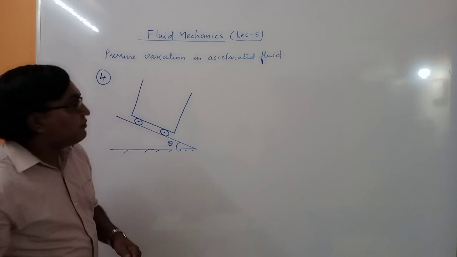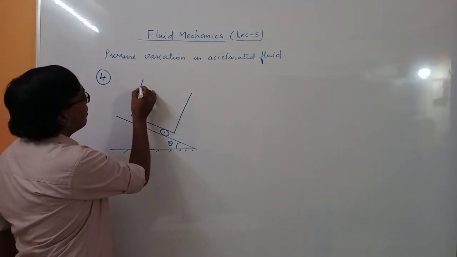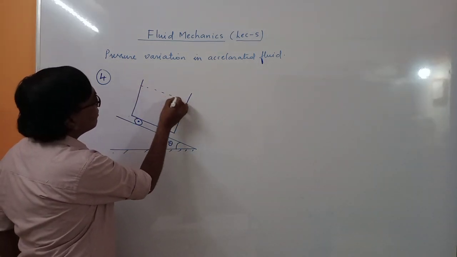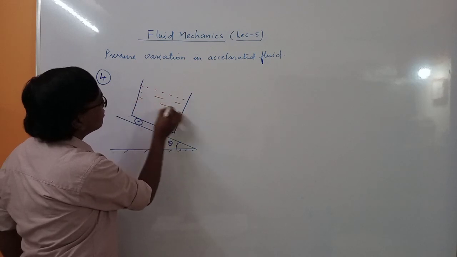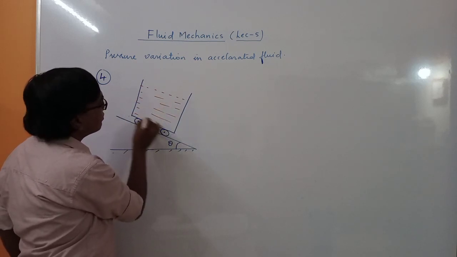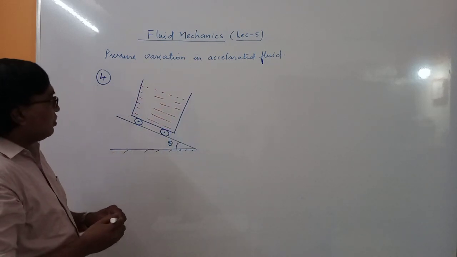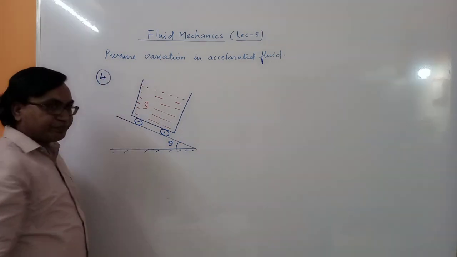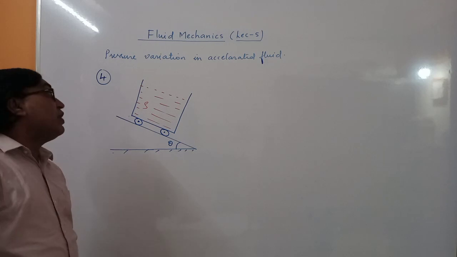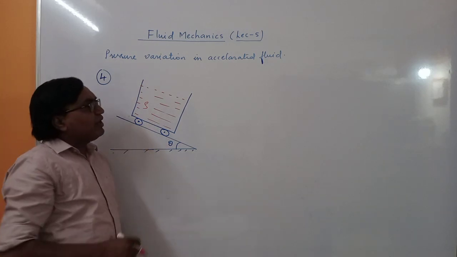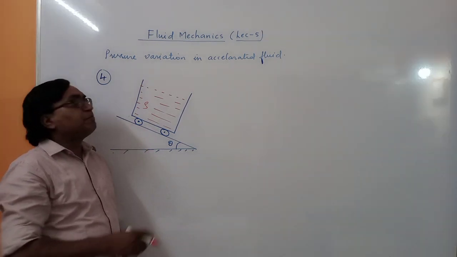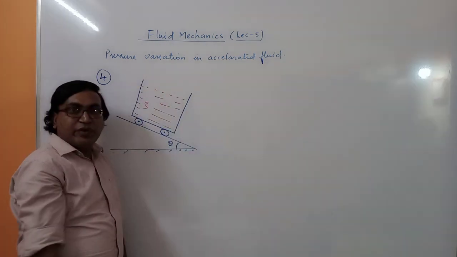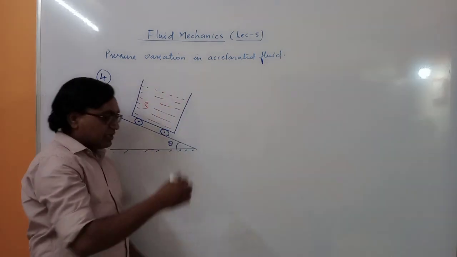So let us take some fluid. So density is rho. Fine. So now what you have to find out? We have to find out the angle made by the free surface of this fluid with the horizontal.